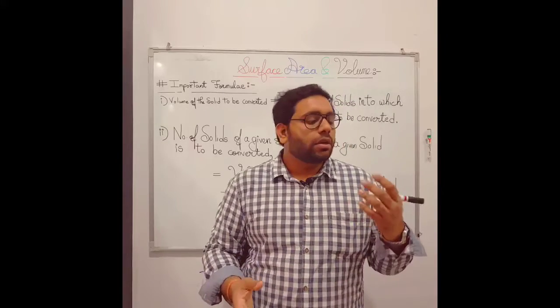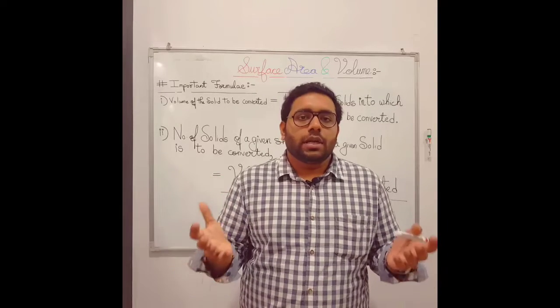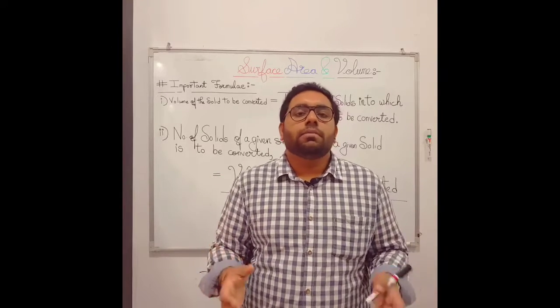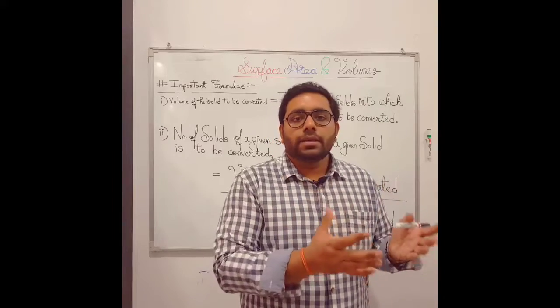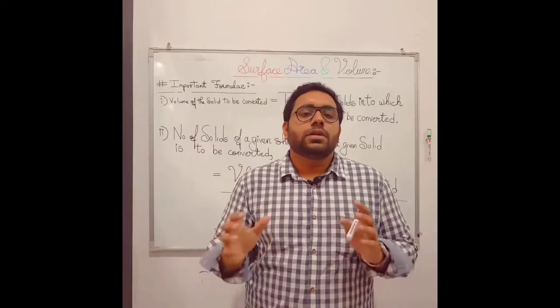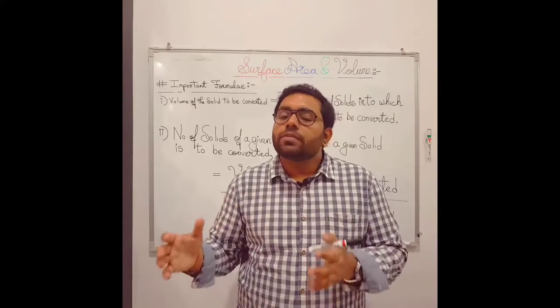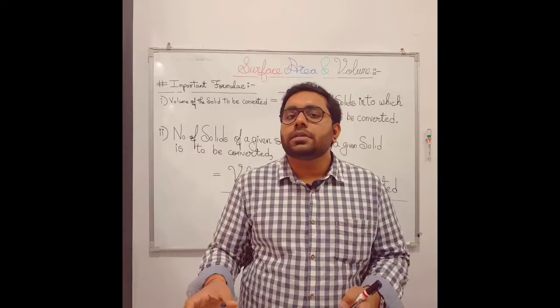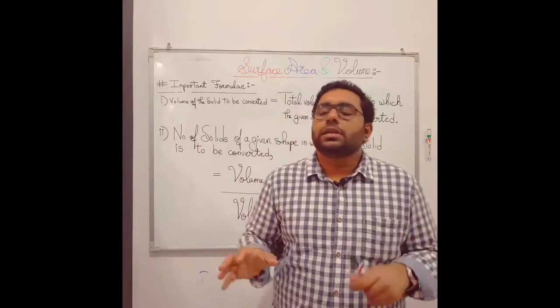Over here the volume of the cube will be equal to the volume of the sphere. So in this scenario volume will be the same. Or let me give you another example: I took a big sphere, I melted it and made 10 smaller spheres. Over here the volume of the big sphere will be equal to the sum of the volumes of all the 10 spheres. So in this scenario volume will be constant.